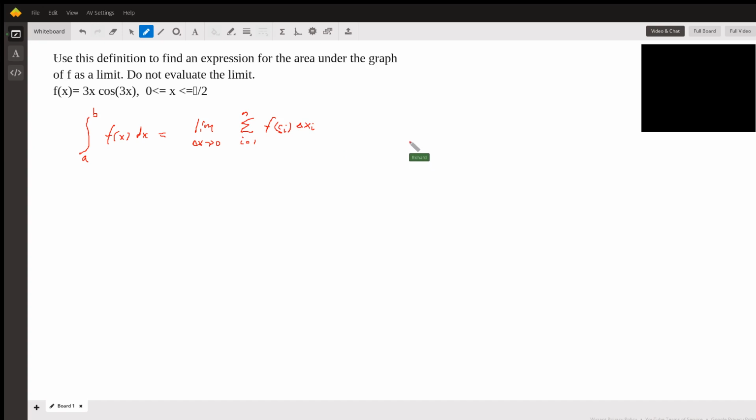Okay, so let's translate that into something that makes sense. Let's say you have a curve that looks like a nice little parabola.